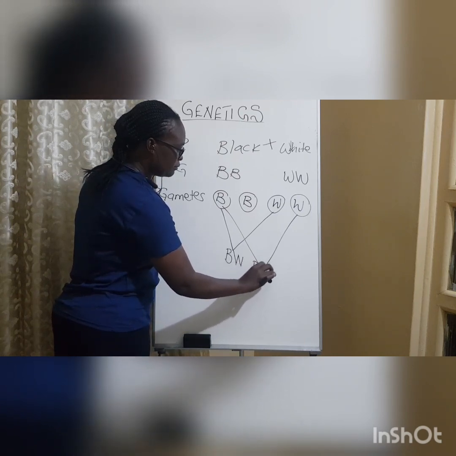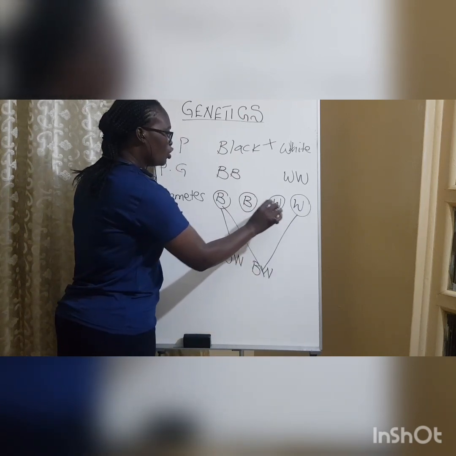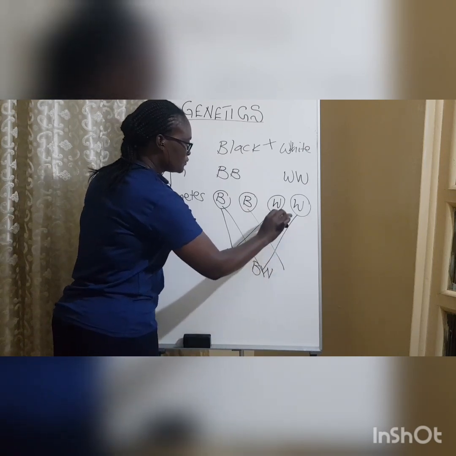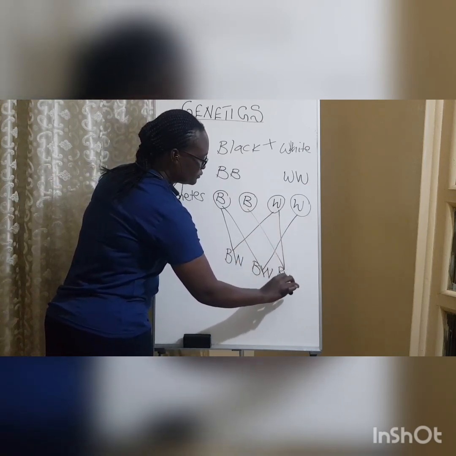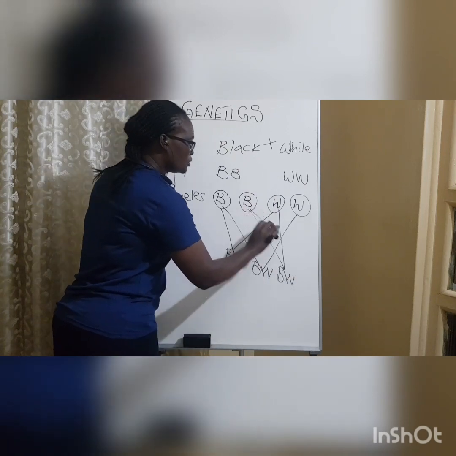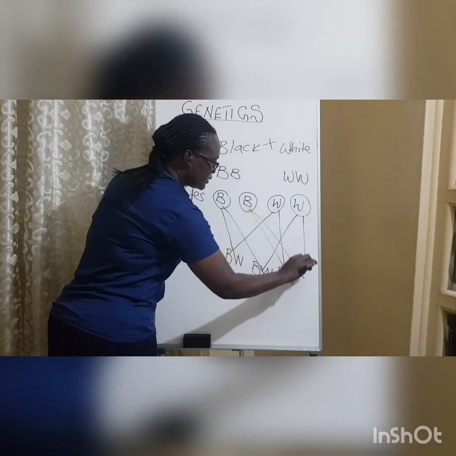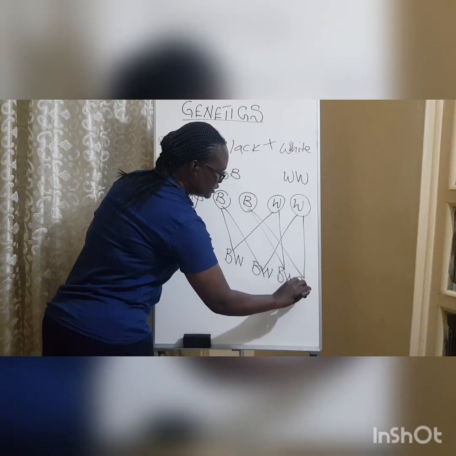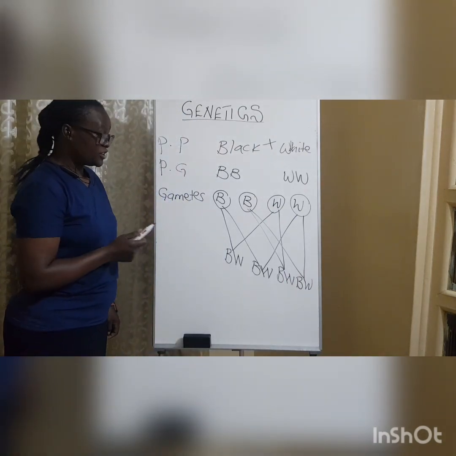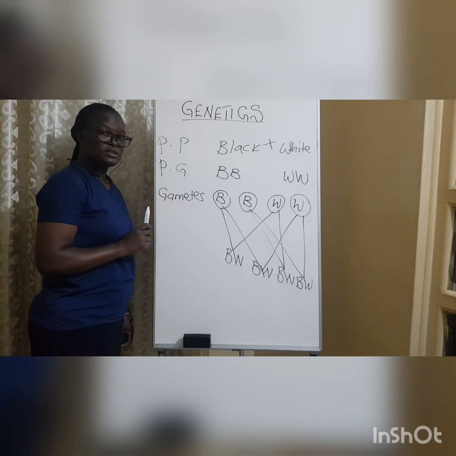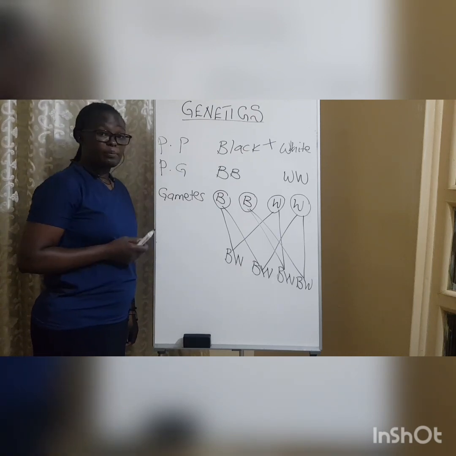B, W. This one goes with this one. It's the same, B, W. Then this one goes with that one, B, W. So, if you remember, the first question was asking us to find the genotype of the offspring.